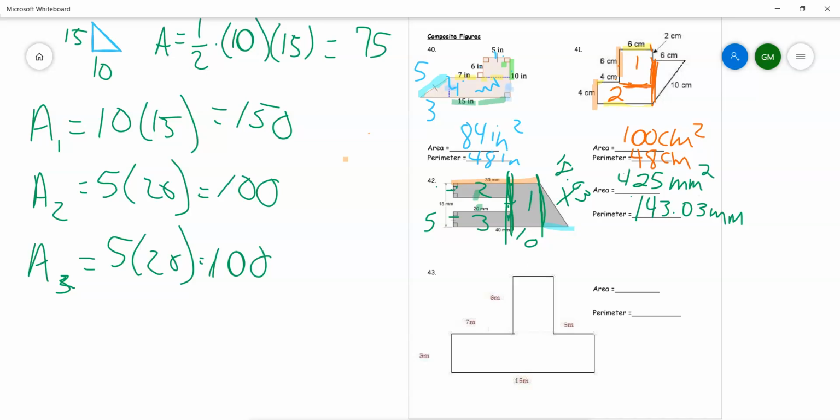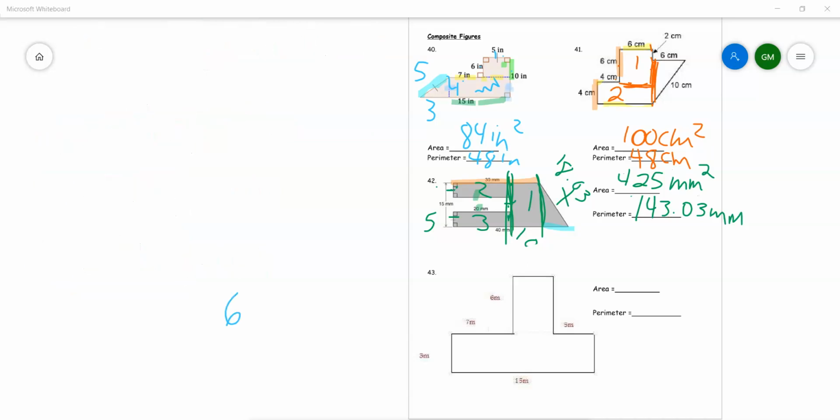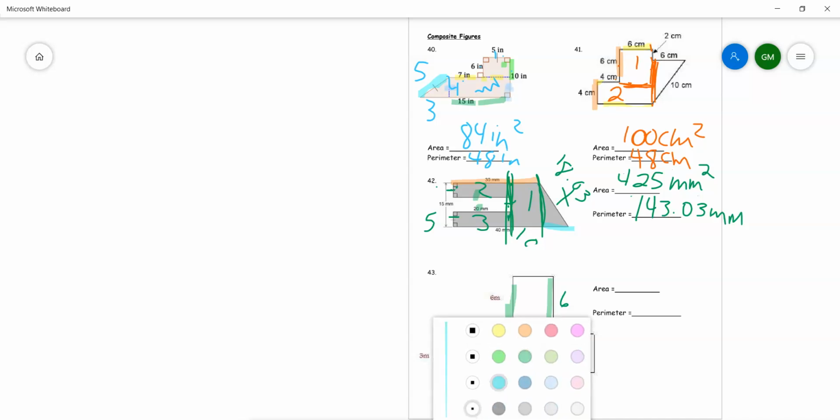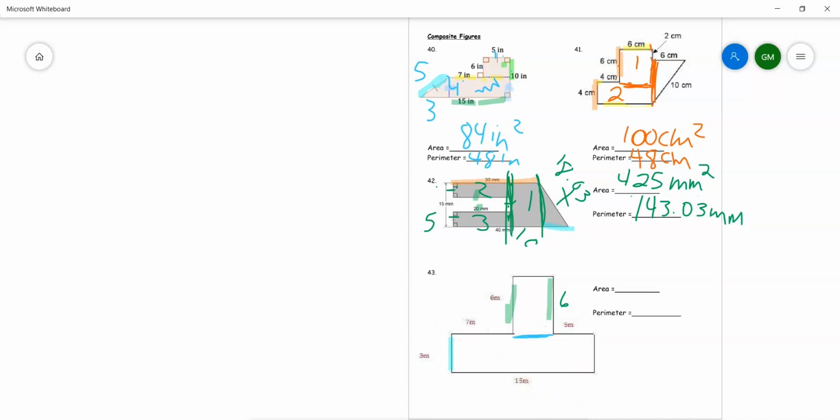Okay, one more, and then we'll be done with this. So let's do this last problem here real quick. So first I'm going to sketch in a little line here. Alright, so let's label our side lengths. So this side length right here is 6. So this one is also 6. So let's label that one 6 meters. And then we have a side length right here and here that match.